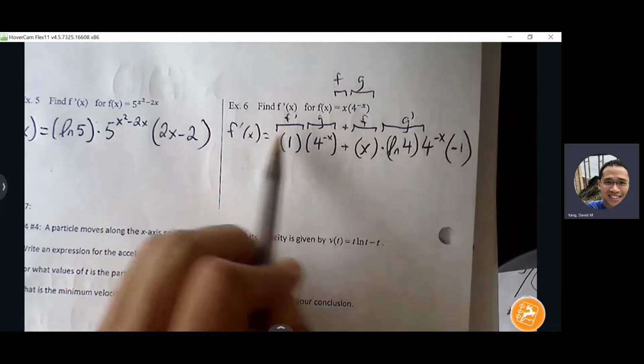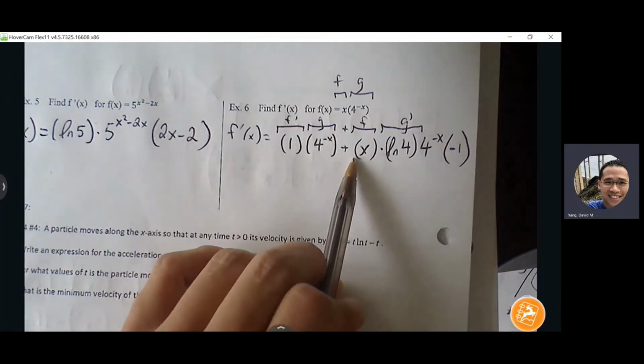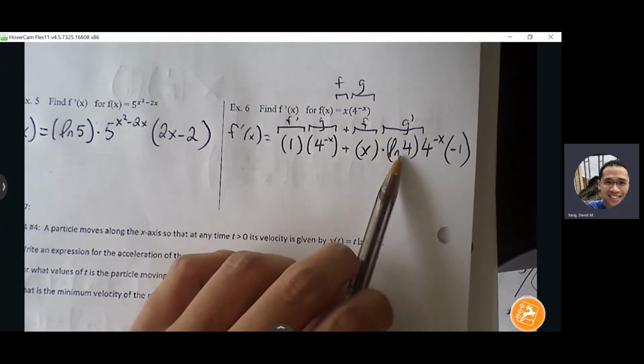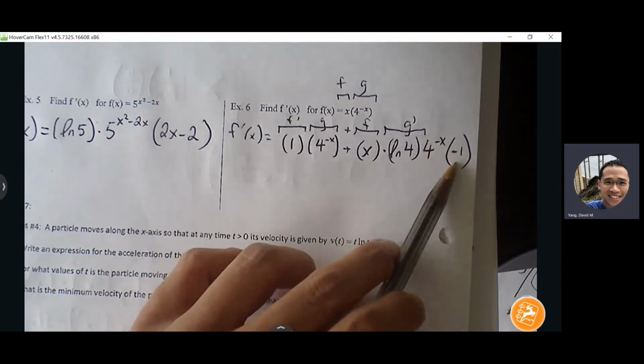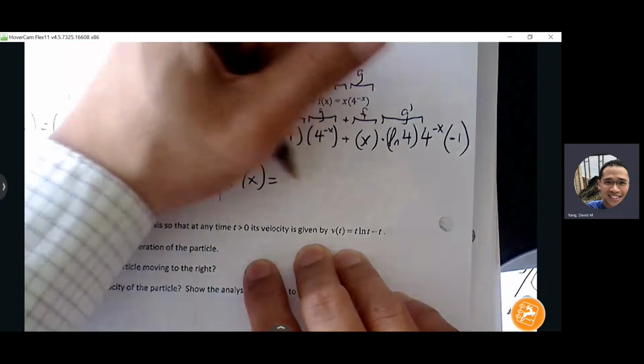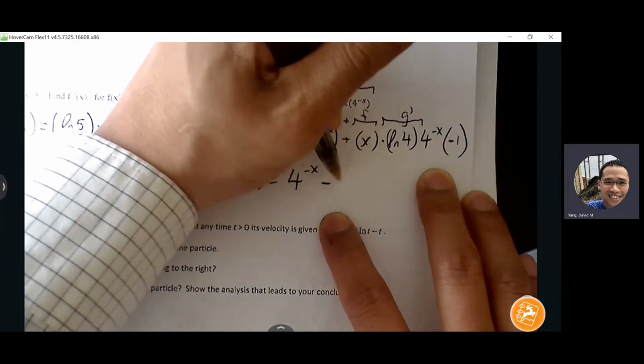Okay, so f prime, x becomes 1. We keep the g function, and then f, which is x, and the derivative for 4 to the negative x is natural log of a times the original function times the exponent's derivative. Not much we can do to clean up. So this is fine.